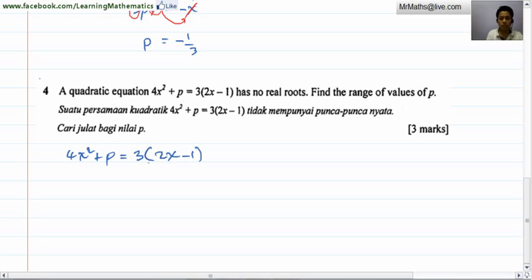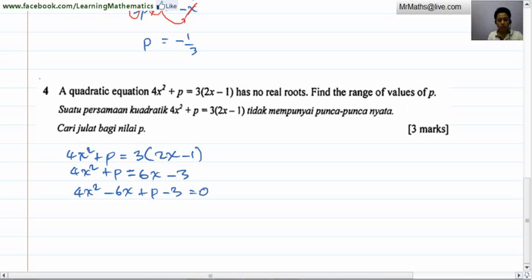Let's rearrange this first. So 4x squared plus p is equal to 6x minus 3. Let's move everything else to the left and leave only 0 on the right hand side of the equation. So 4x squared minus 6x plus p minus 3 is equal to 0.